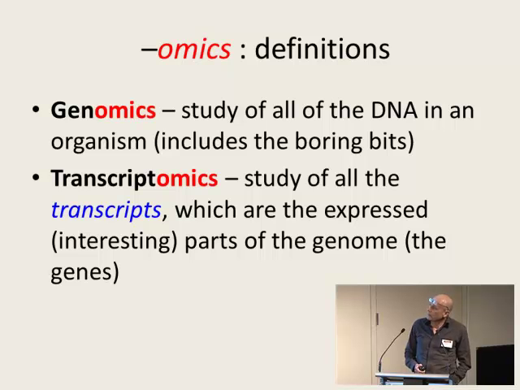It doesn't appear in the obvious world of proteins that we live in. Whereas transcriptomics is the study of all of the transcripts, which are the more interesting parts of the genome, the genes which are doing things. So transcripts and transcriptomics, this is the study of the functional part of the genome.